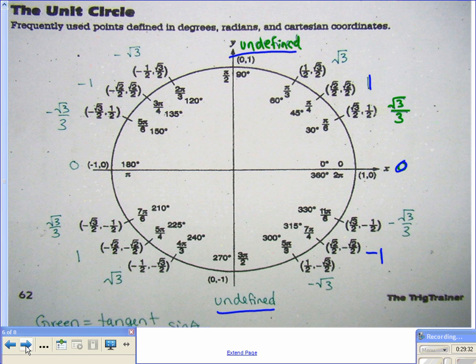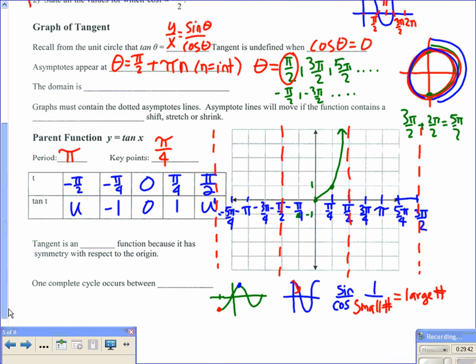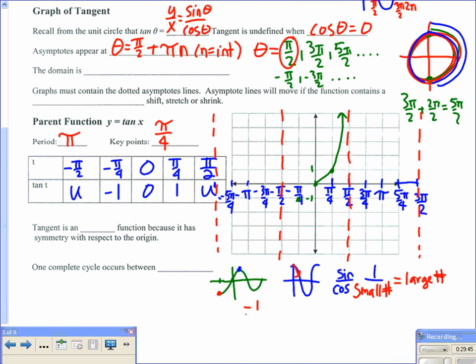Looking at those values, the sine is approaching negative 1 and the cosine is getting close to 0. So the sine is negative 1 over a small number, and because of that it's equal to a very large negative number. And so that means the rest of our graph is going to go down this way. And remember that your graph comes close to your vertical asymptotes, but never touches or crosses over them. And then our graph is going to keep on repeating.